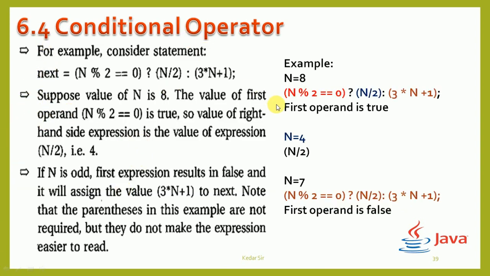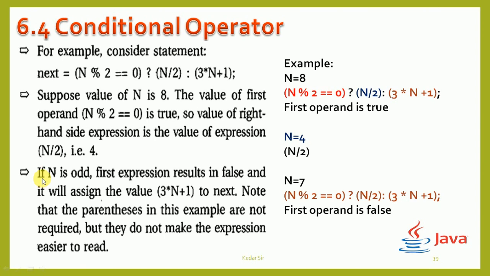Here one example is given. For example, consider the statement n is equal to 8. Then n modulus 2 is equal to 0, question mark, n divided by 2, colon, 3 multiplied by n plus 1. So the first operand is true, and the next one is n equal to 4.